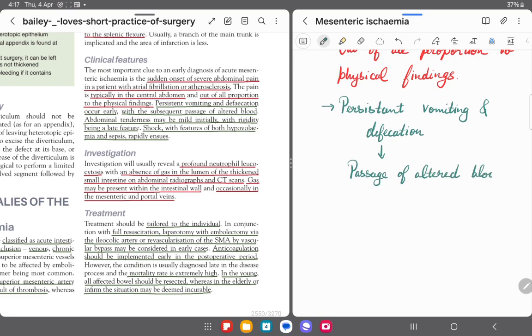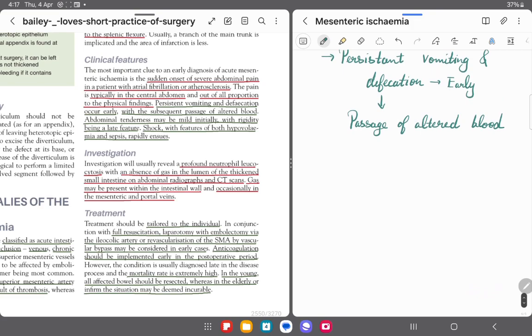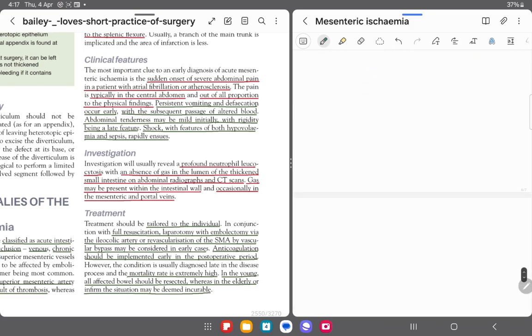Abdominal tenderness may be mild initially, with rigidity being a late feature. Shock with features of both hypovolemia and sepsis rapidly ensues.